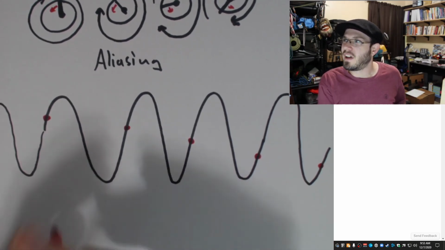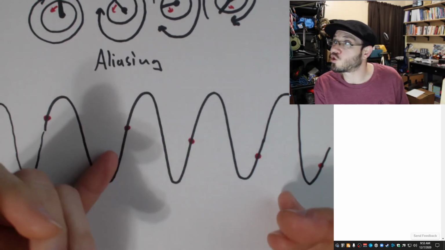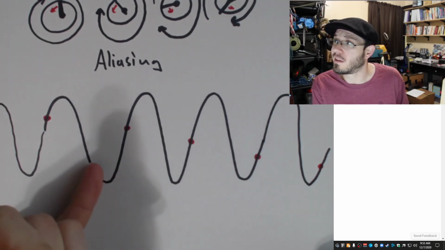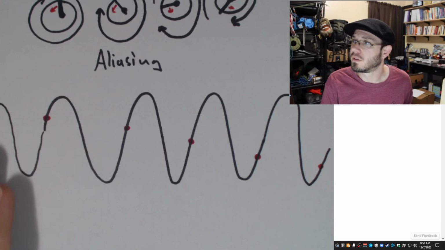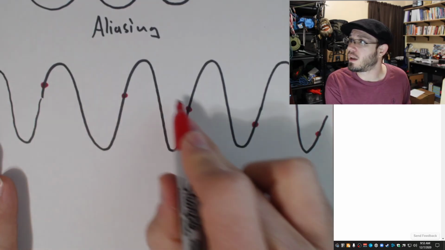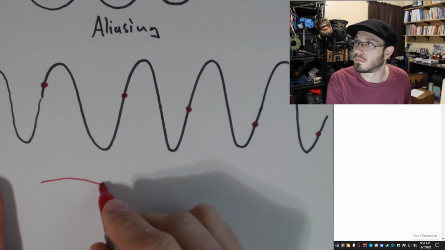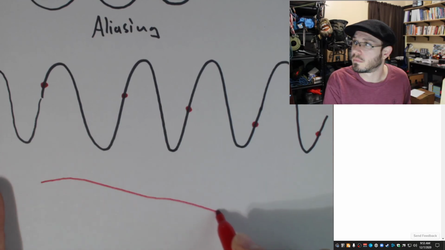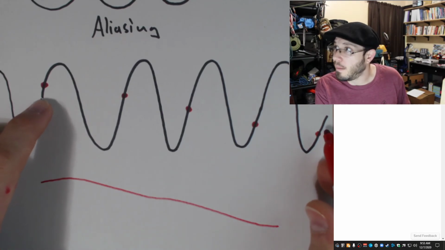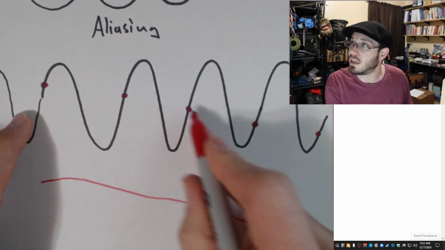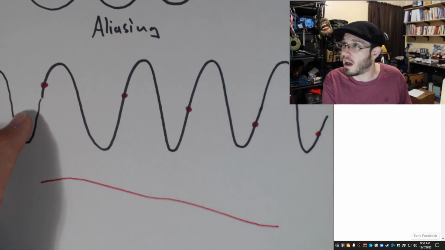Well, if I take no other measurements and I have a very slow sampling rate for a given high frequency signal, what does this end up looking like when I store it into memory? And in fact, if I keep going, I'm going to get a sine wave because this is going to go down and then it's going to go back up and it's going to go back down.